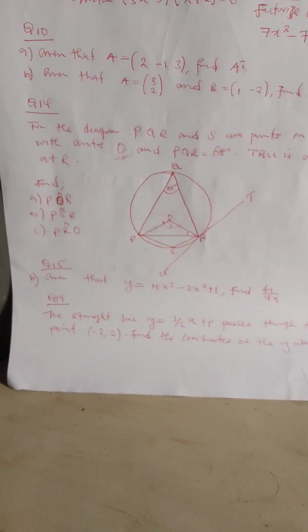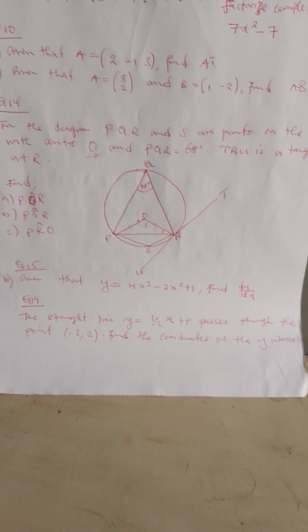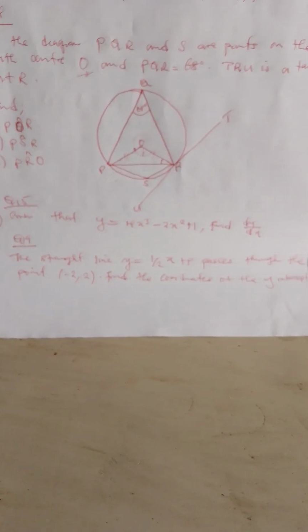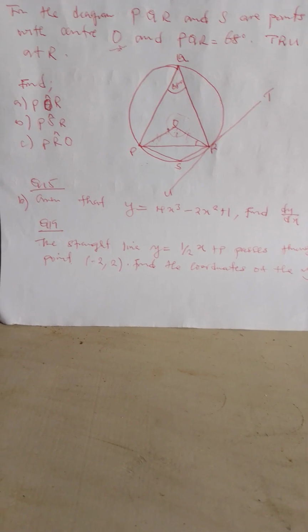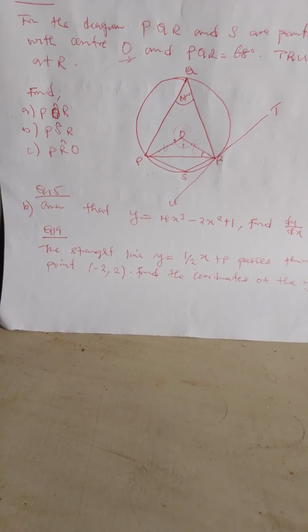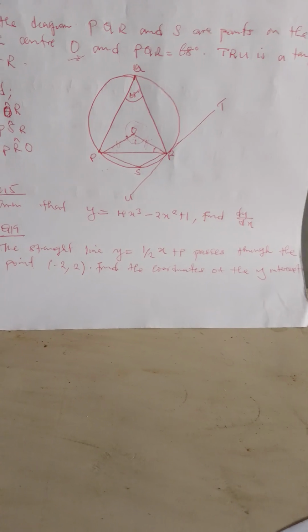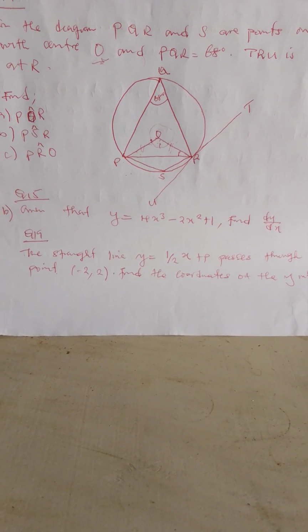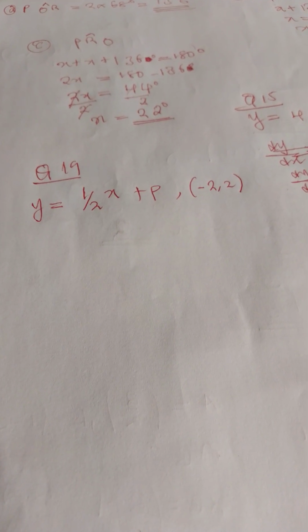Find the coordinates of the y-intercept. To go about this question, remember, finding the intercepts, you need to understand what it means. We are told to find the coordinates of the y-intercept.